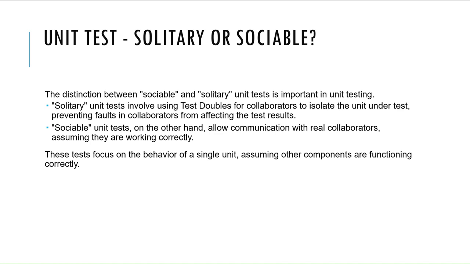Sociable unit tests, on the other hand, allow communication with real collaborators, assuming they are working correctly. These tests focus on the behavior of a single unit, assuming other components are functioning correctly.